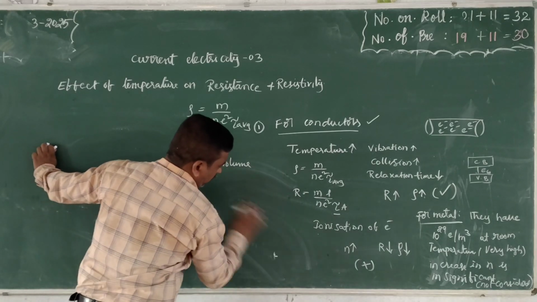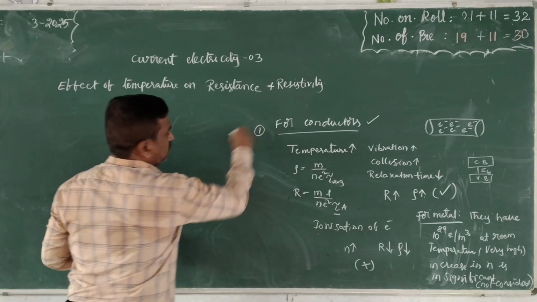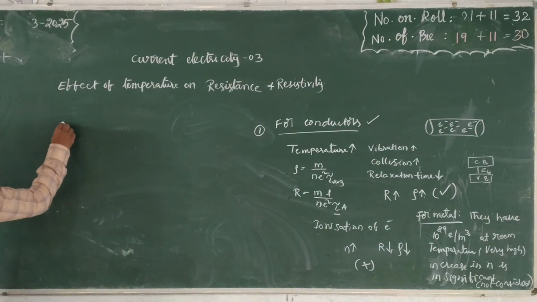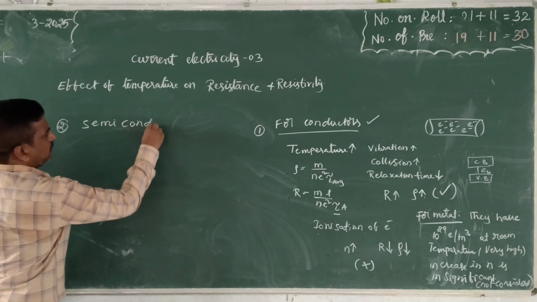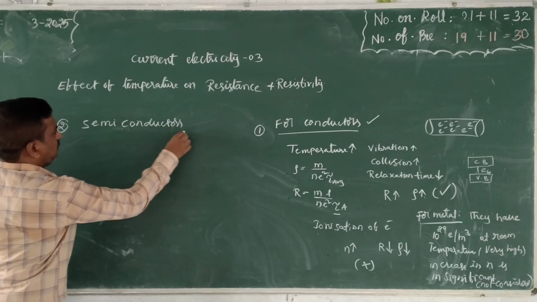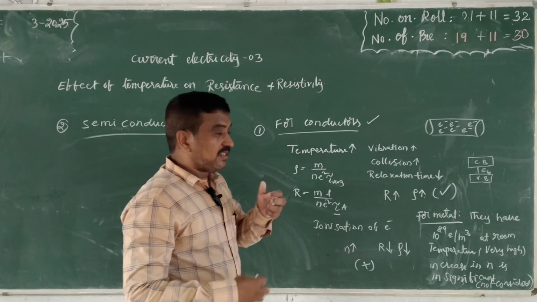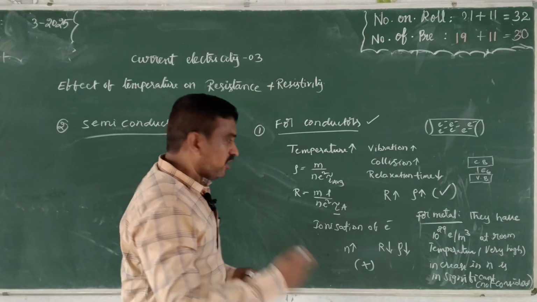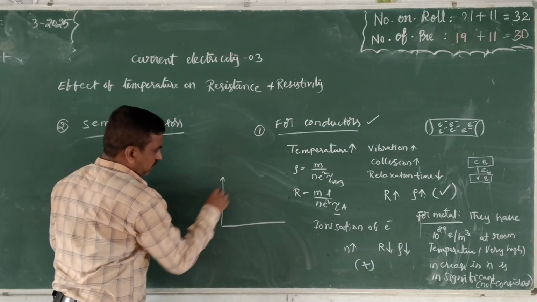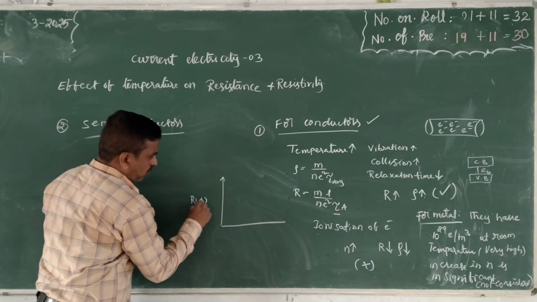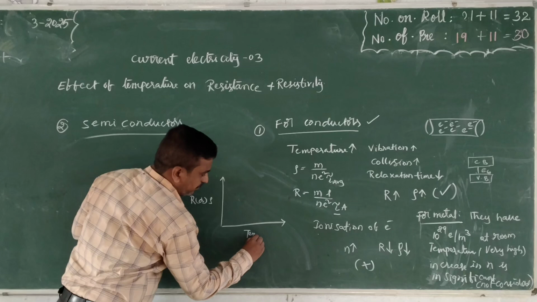What are semiconductors? Silicon and germanium. We can write the second one, semiconductors. Before this, see the relation between resistance, resistivity and temperature. For copper, for example, we can draw a graph. Along the y axis is resistance or resistivity, and along the x axis we take temperature.